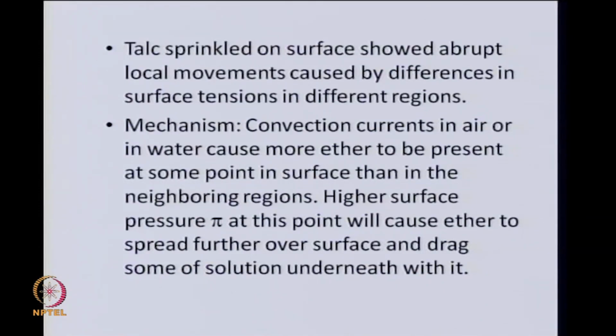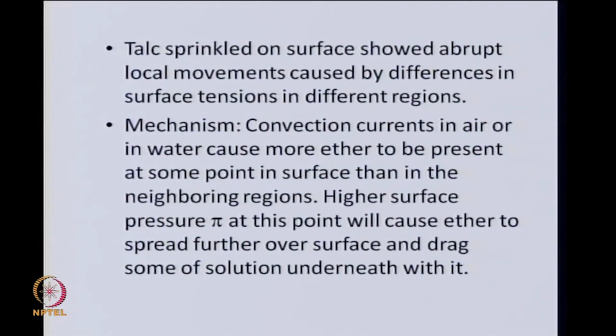And what that means is that on account of a higher concentration locally, the surface pressure of ether at that point will be higher compared to the neighborhood. This would mean that this higher surface pressure will tend to take the surface active component from this point to the adjacent points, but that will not happen without dragging the liquid underneath.